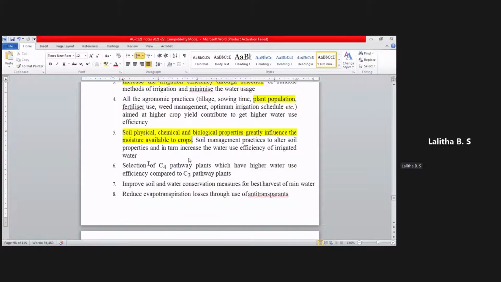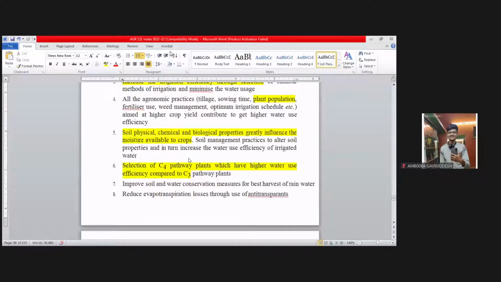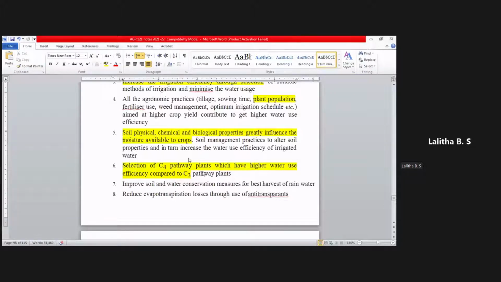Then again, these two terms, the C4 pathway and C3 pathway. Have you heard of this C3 and C4 pathway? Hello? Yes, ma'am. Have you heard of this selection of C3 and C4 pathway plants? Yes, ma'am. Can you name one example for each?